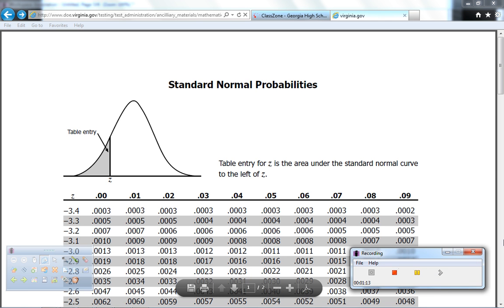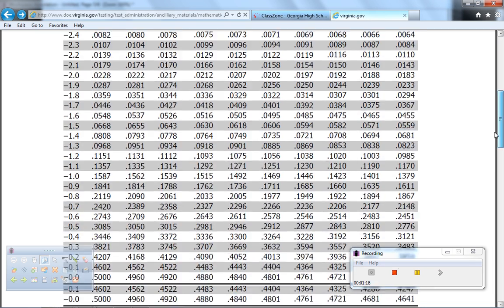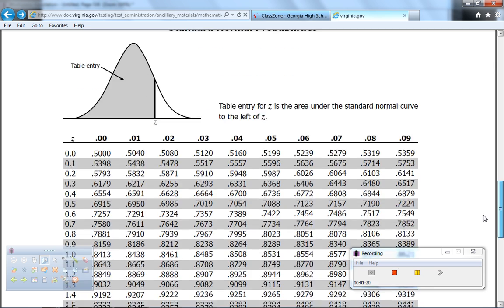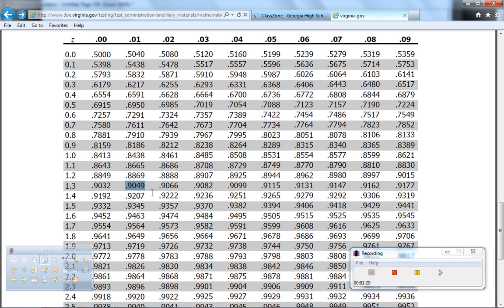Alright, here's our table. You should have one. But anyway, let's scroll down and go to the positive side. Alright, so here we're at 1.31. So this is our value at the z-score.